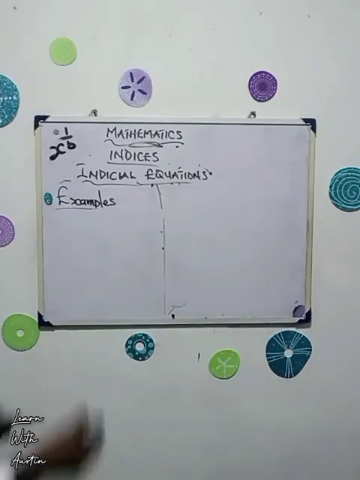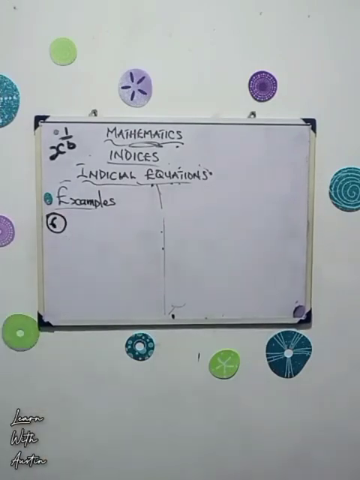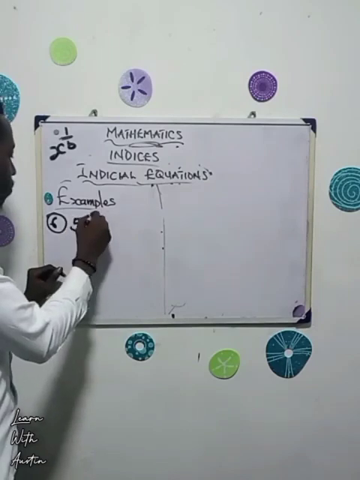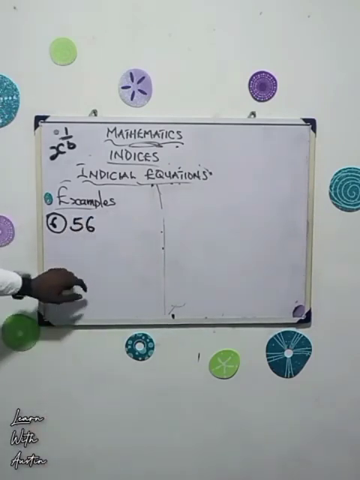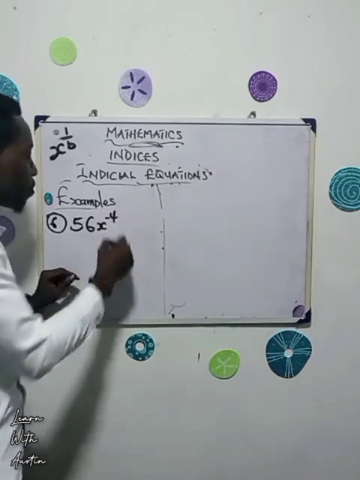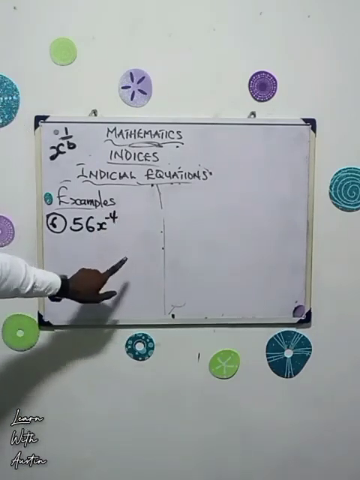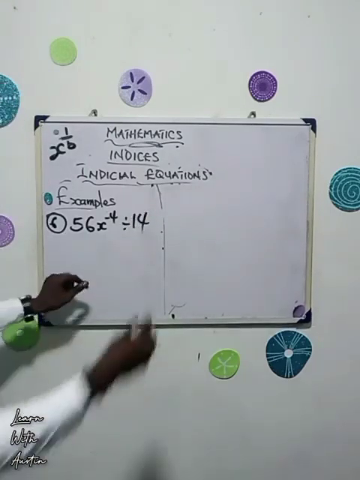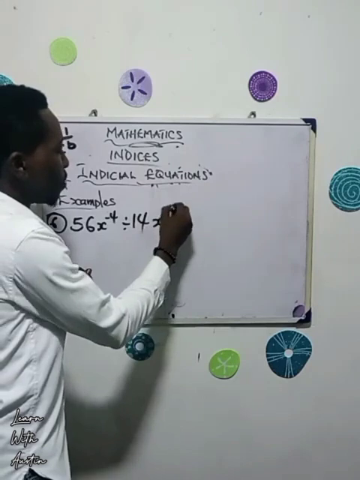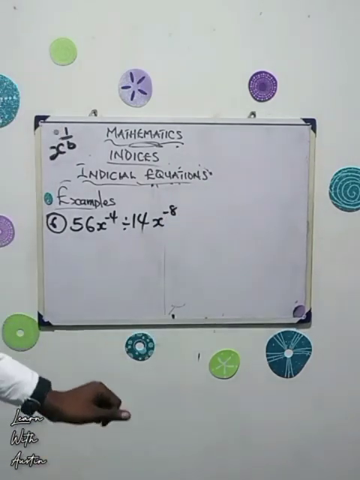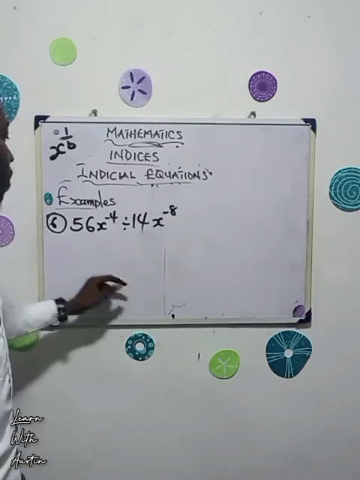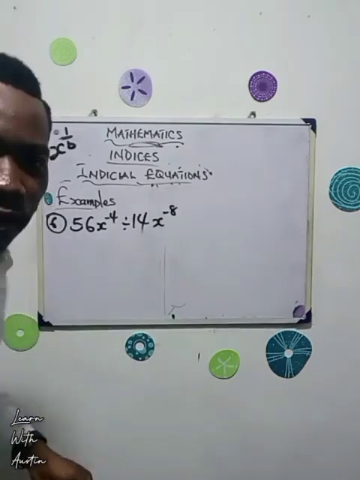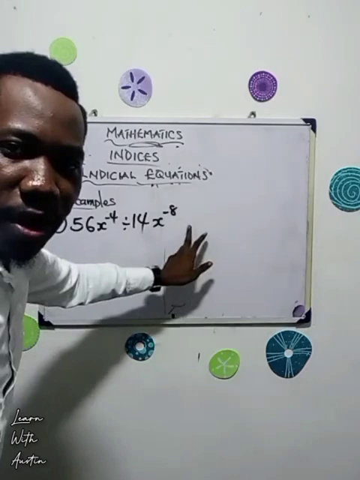So it says that 56x raised to the power of minus 4 divided by 14x raised to the power of minus 8. So, 56x raised to the power of minus 4 divided by 14x raised to the power of minus 8.